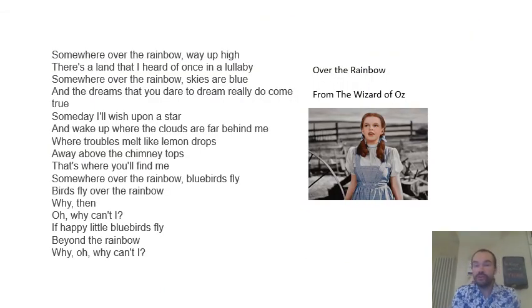The obvious choice would be Over the Rainbow from The Wizard of Oz. The girl growing up in Kansas with her aunt and uncle, depicted in black and white, 1939, the time of the Great Depression, not happy with her life, and talking about somewhere over the rainbow, a land that she's heard of, where dreams that you dare to dream really do come true.